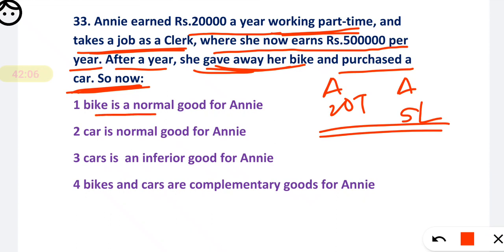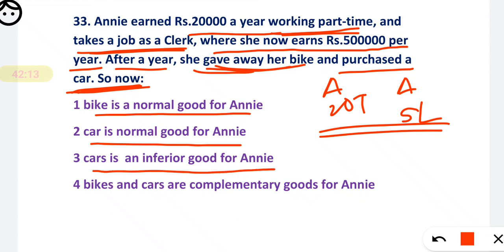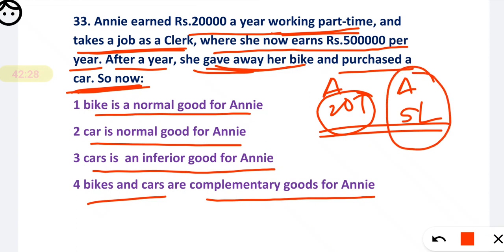Bike is a normal good for Annie, car is a normal good for Annie, car is an inferior good for Annie, or bike and car are complementary goods for Annie. So remember friends, previously Annie had 20,000 rupees as income, and now she has 5 lakh rupees of income.